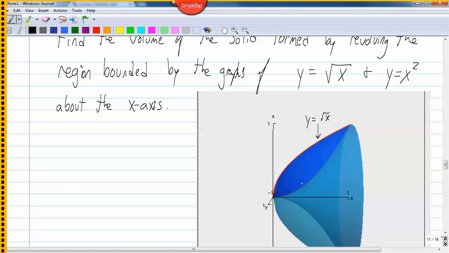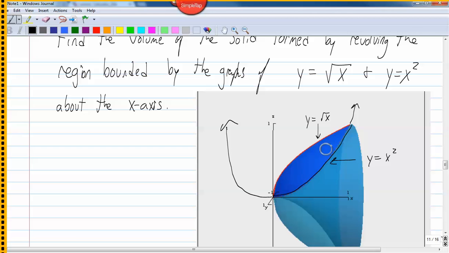This bottom curve here is the piece of y equals x squared that we're going to use. Now your graph, you probably extended on out here and on the other side here, and that's okay. We're just worried about the region that's bound here. So the region that's bound here is between here and here.